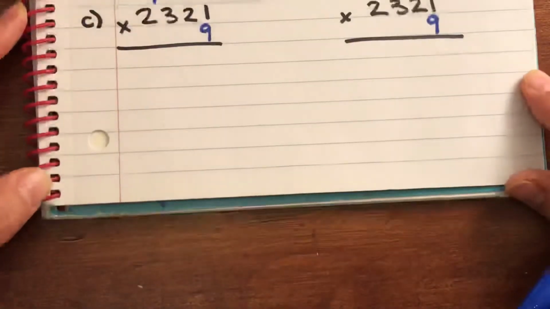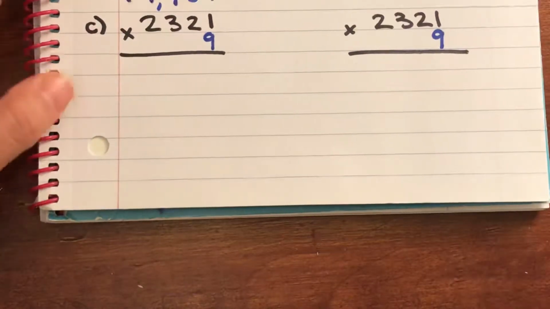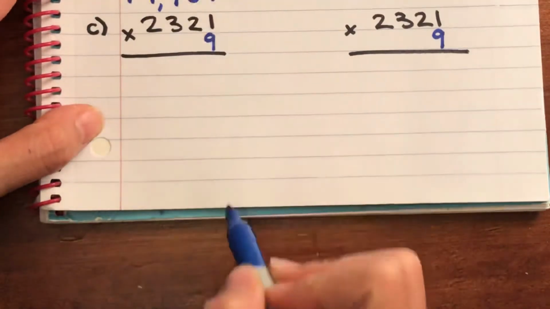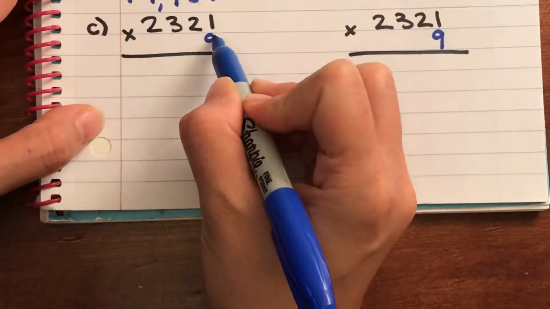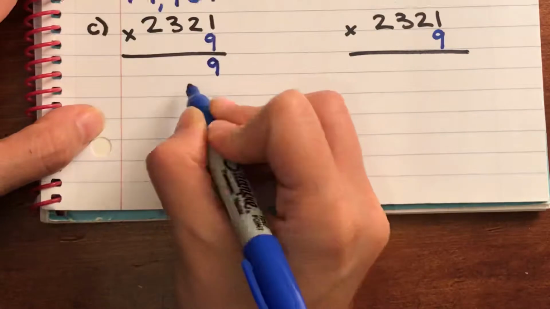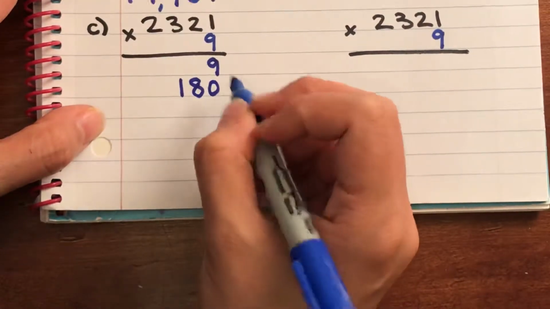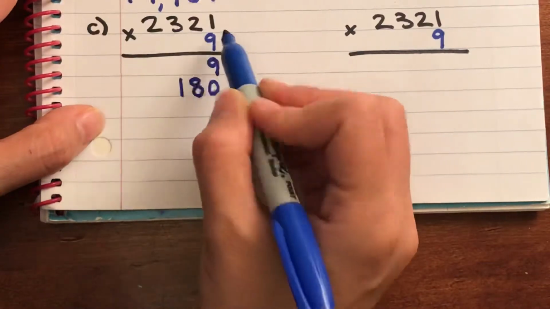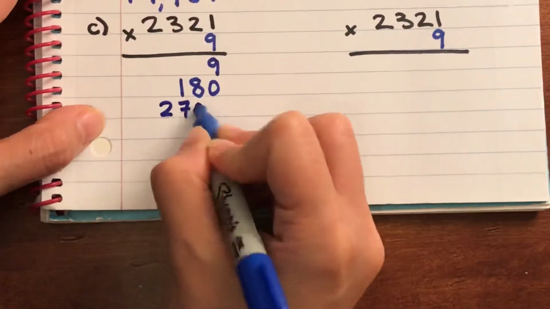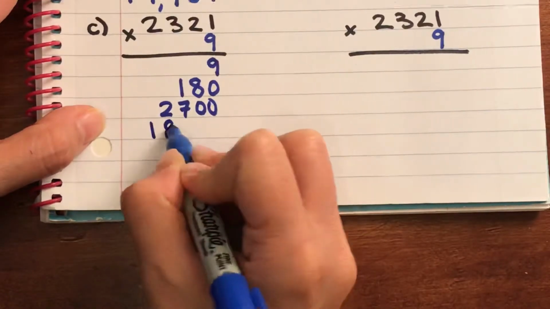Last one, we have C, 2,329 times 9. So expanding out, 9 times 1 is 9, 9 times 2, or 9 times 20 is 180, 9 times 3, or 9 times 300 is 2,700, and then 9 times 2, or 9 times 2,000 is 18,000.